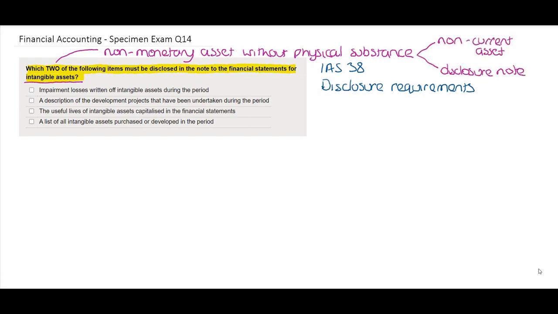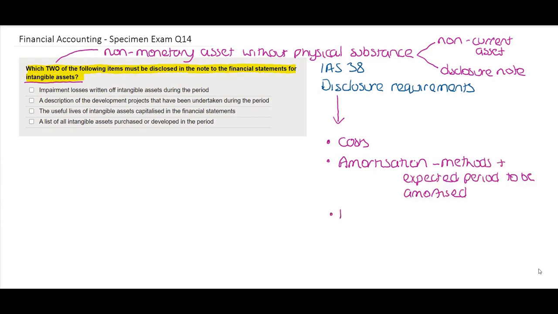IAS 38 tells us that the disclosure requirements include the following: costs, amortization, which should include the methods and the expected period to be amortized, any impairments that will write down and reduce the intangible asset, and a reconciliation of the balance at the beginning of the year to the end.